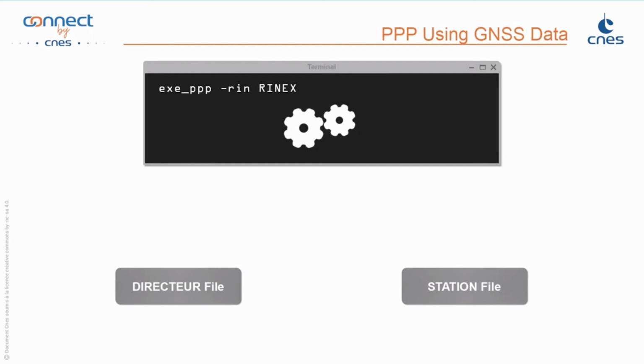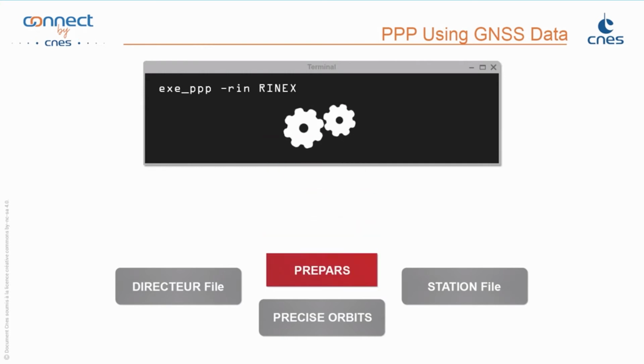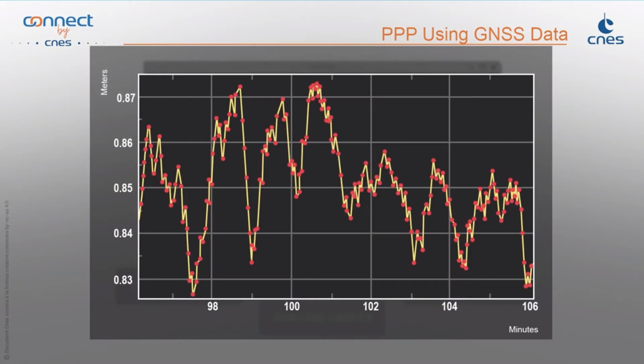Third of all, it will retrieve from the database all the information that the processor requires, such as precise satellite orbits or clocks that will serve as a priori data. Fourth of all, it will preprocess the Linux file to detect cycle jumps, short passages, bad stations, etc. And finally, the execution of the GNSS program will take place. When the treatment is finished, the solution can be plotted.